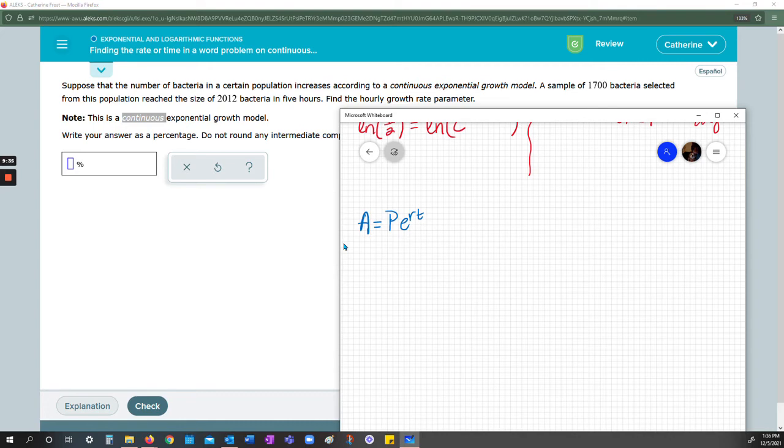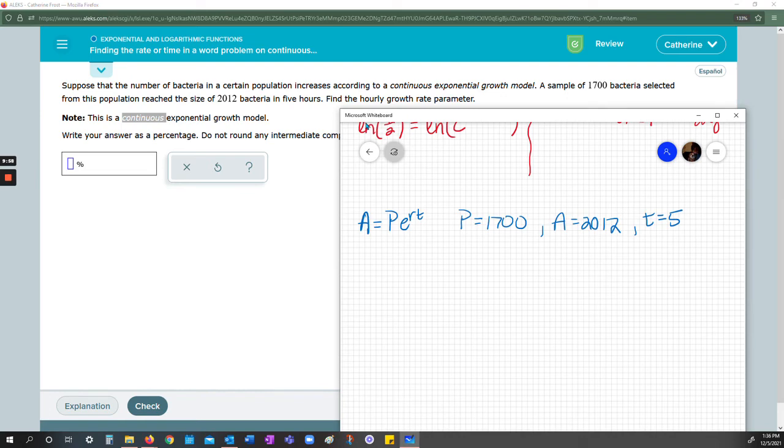Remember, P is what we have to start with, which is 1,700. A is 2012, and that's after 5 hours, so t is 5. That is enough for us to figure out our rate.